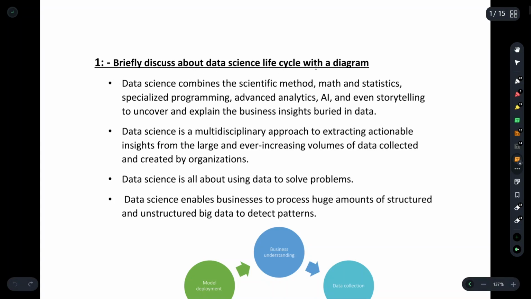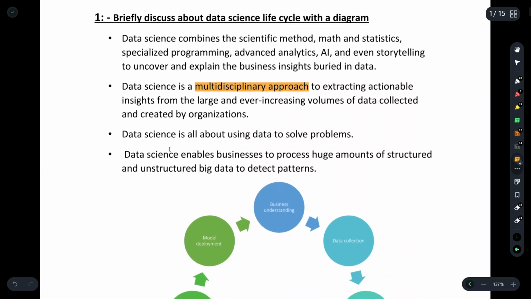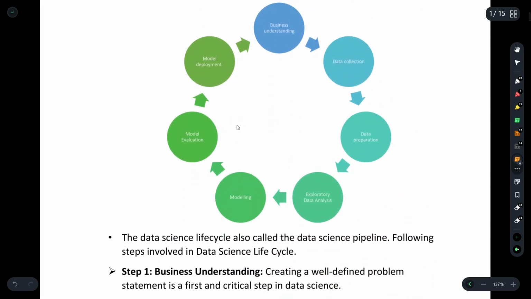So if they ask to briefly discuss the data science life cycle, then we can say data science is a combination of maths, statistics, programming languages, analytics, AI, and whatever it is. Data science is a multidisciplinary approach for extracting insights. It is all about using data to solve problems.